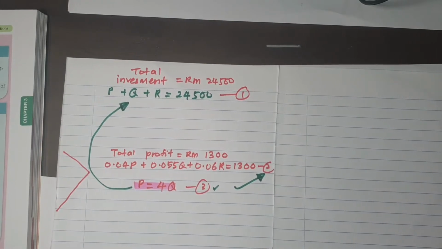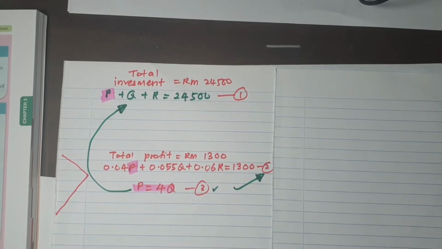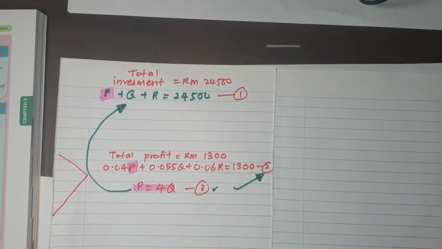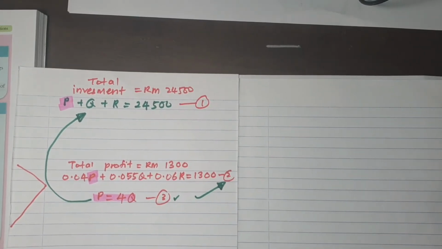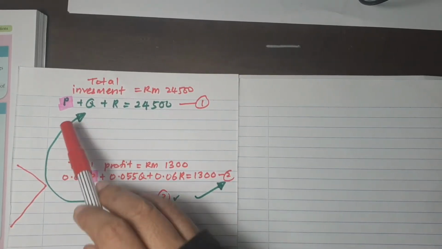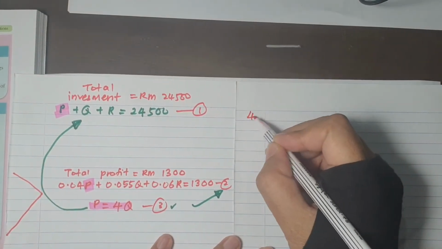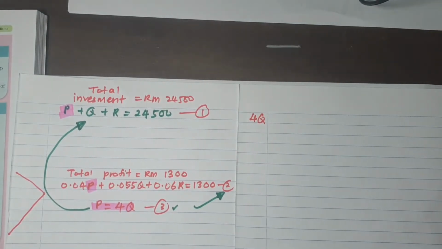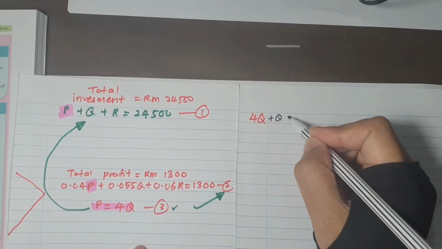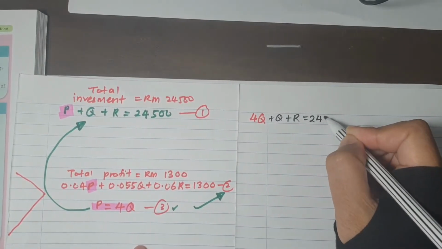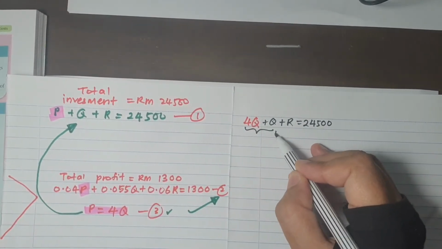So now since we make P as our subject, all the P here, substitute in your second and first equation. Let's substitute in the first equation first. P is 4Q plus Q plus R. Then, this one, 5Q.